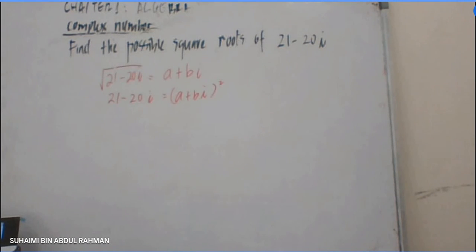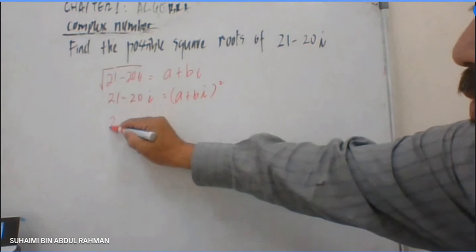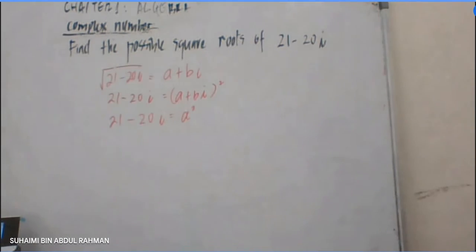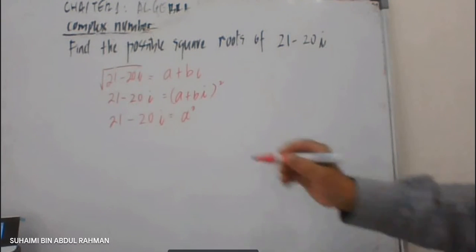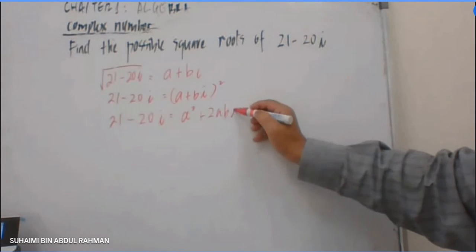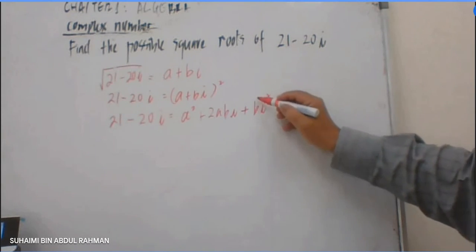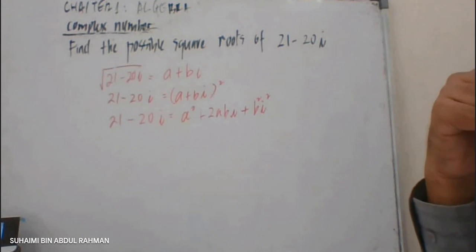Expansion of a plus bi square: a square plus 2abi plus 2abi plus bi square, which is b square.